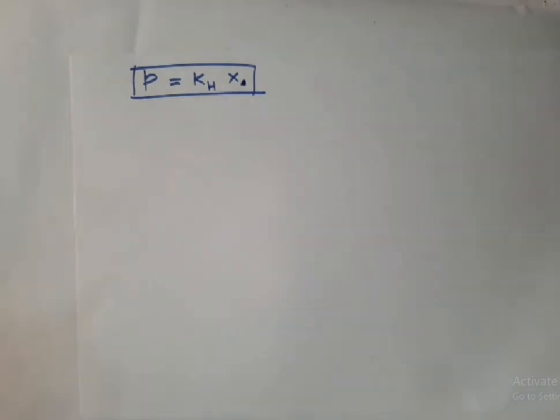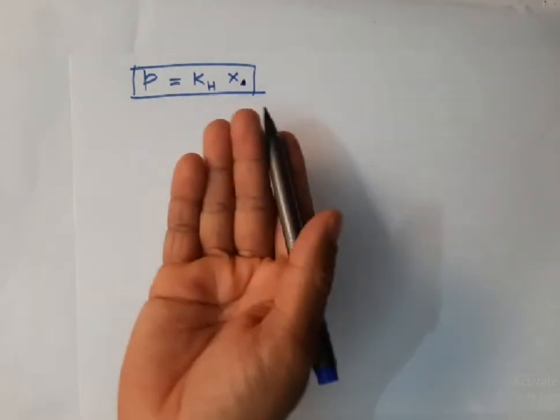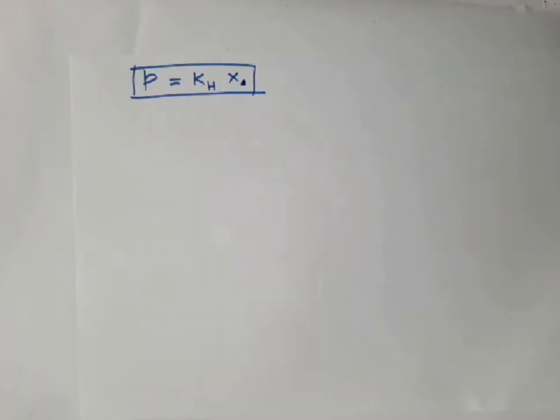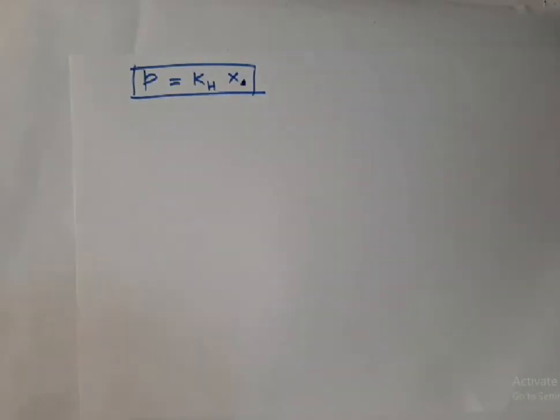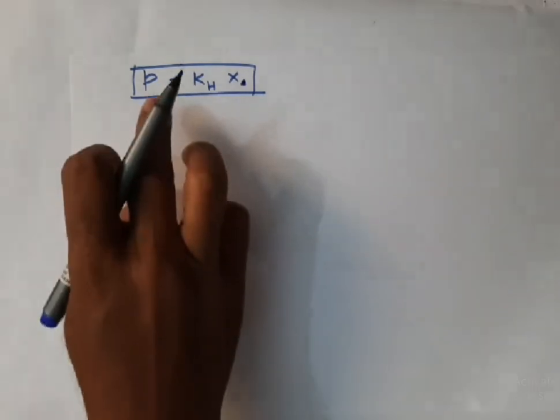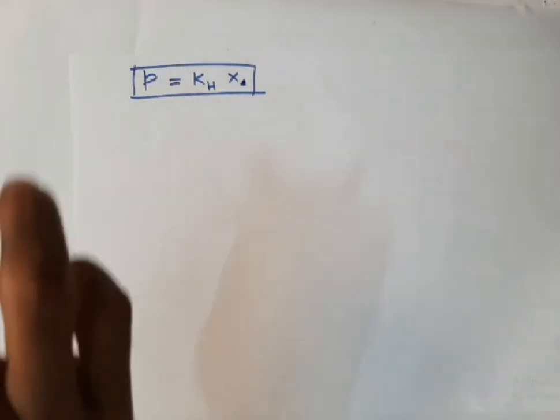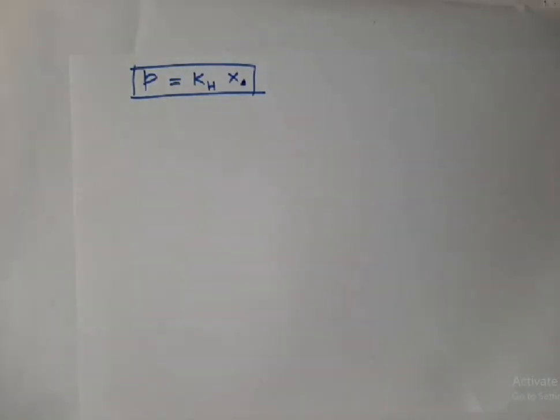Suppose you have only one component above the liquid surface, suppose A alone is present, then you need not put I and all. You can write simply like this. If you have two or more components above the liquid surface, then only you should mention which component you are talking about, whether it is A, B or C. You have to mention that.